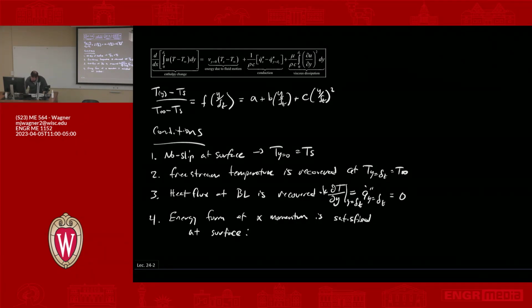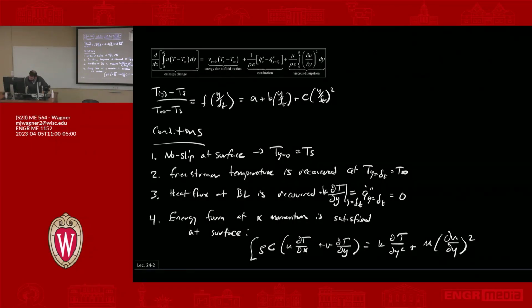That would look like rho times c times u partial T with respect to x plus v partial T with respect to y is equal to k second derivative of temperature with respect to y plus mu times partial u partial y, squared. That whole thing, evaluated at y equals 0. So we're enforcing that to be true.